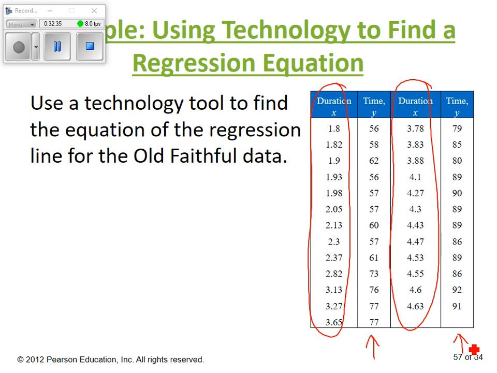All the X's in one list, all the Y's in another list.